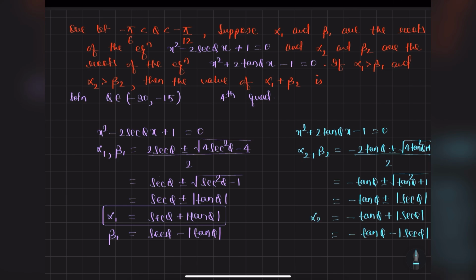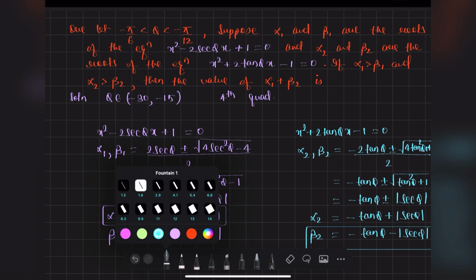So this is your alpha 2 and this is your beta 2, and we are interested in beta 2, so we will consider this part. Now at the end, what do we want?